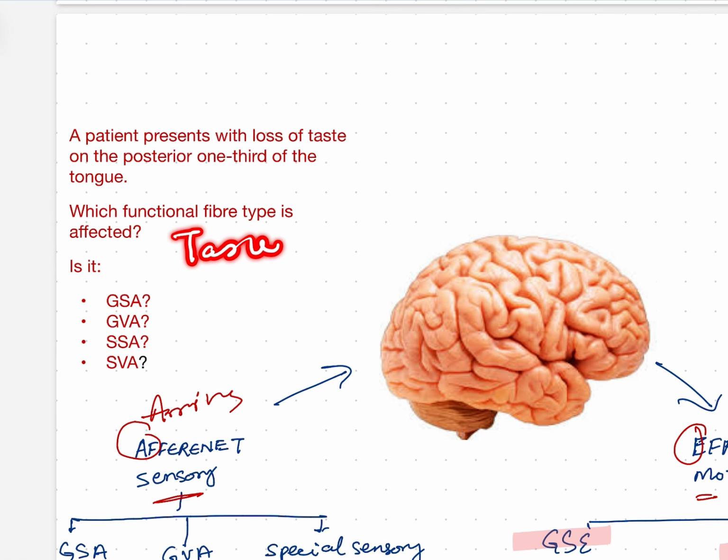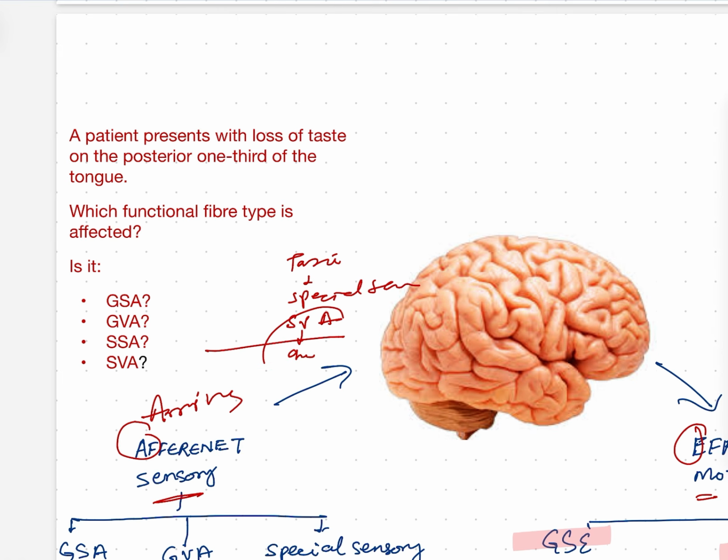Because taste is a special sensation related to chemicals, it is visceral. So this is special visceral afferent, carried by the ninth nerve because it is related to the posterior one third.